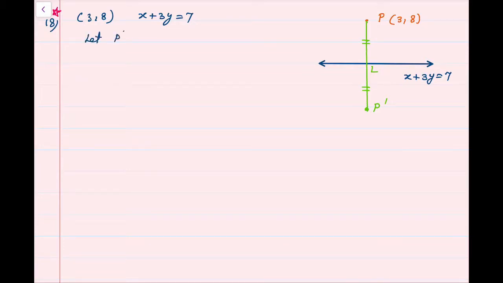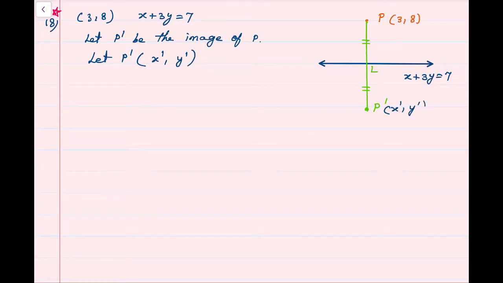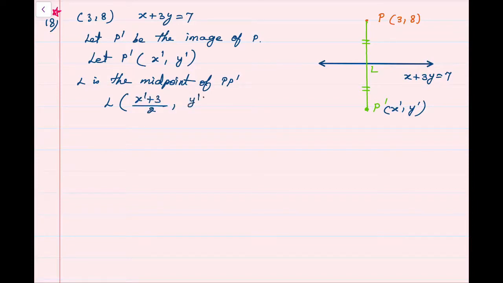We have to find the point P', which is the image of point P. We will take P' as (x', y'). L is the midpoint of PP'. Therefore, point L is ((x' + 3)/2, (y' + 8)/2).